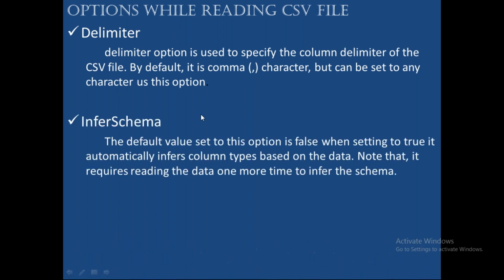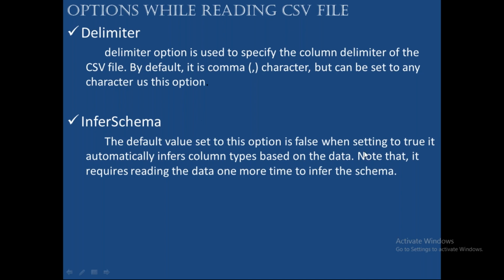Next, infer schema. The default value set to this option is false. What it means is we are telling Spark not to scan data to identify the data type of each column. Infer schema equal to false means you are saying don't scan my data to identify the data type of each column.